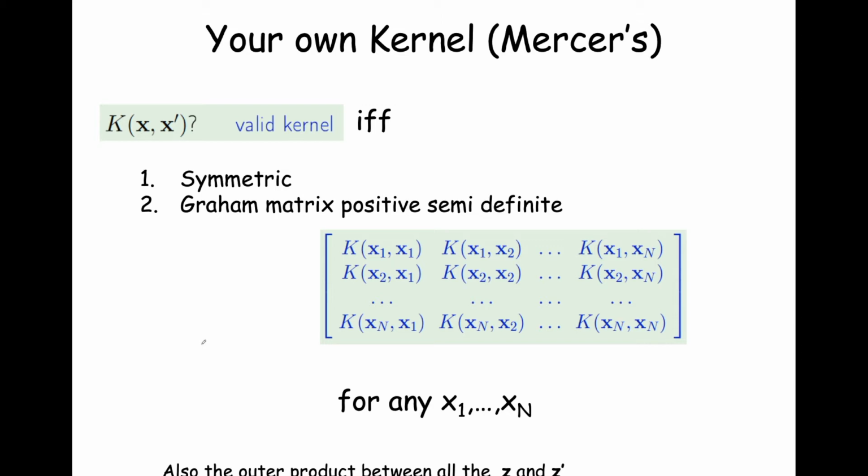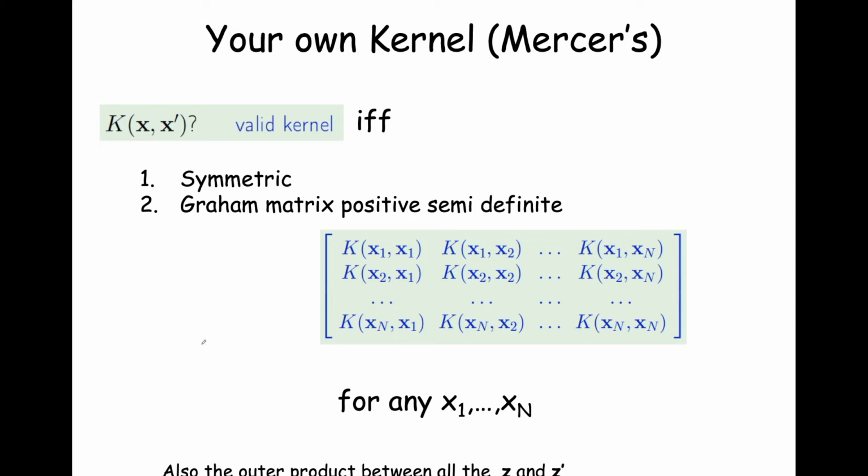And also, B, the following matrix, the so-called Gram matrix, is positive semi-definite. What that means is that all linear combinations of possible evaluations of your kernel function on all of your in-sample points form a matrix that is positive semi-definite. That means all quadratic forms of the Gram matrix are greater than or equal to 0.